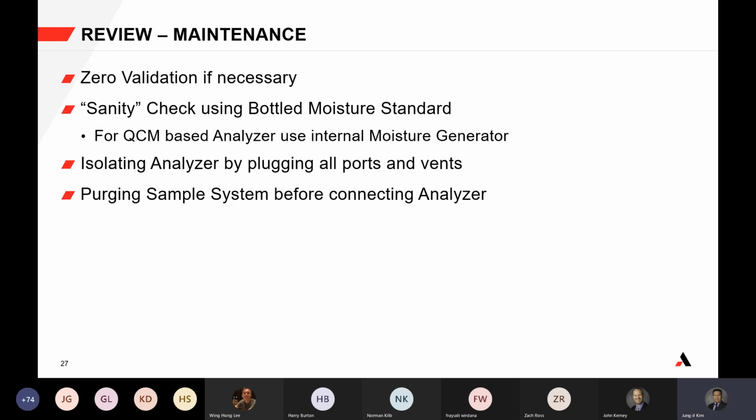But if you put a 100 ppm bottle to an analyzer and it's reading below 50 or way off, then what you have to first check is whether your bottle has constant temperature and your delivery system has constant temperature.